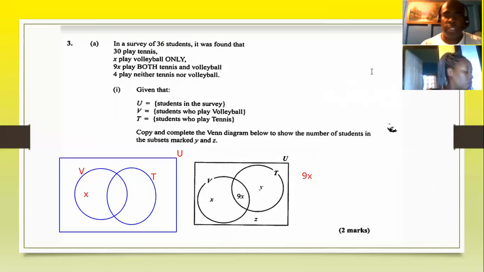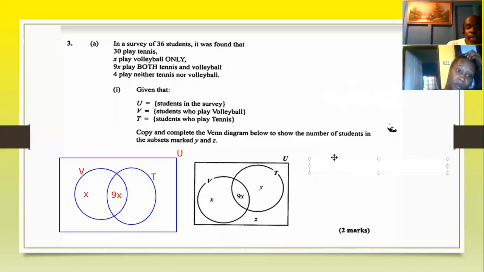Alright, let's continue. When you put the X, and the 9X, where is it supposed to go? Then we're going to put the Y. So we're going to replace the Y now. What should we replace the letter Y with?